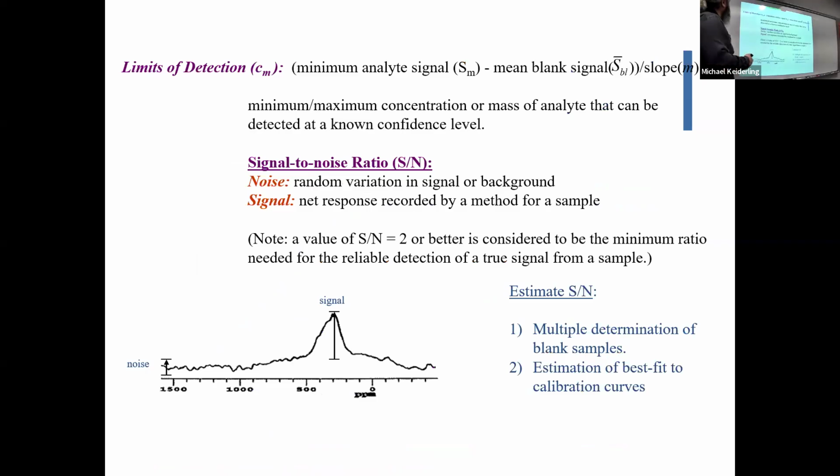So your limit of detection, this is sort of the minimum or maximum concentration or mass of analyte that can be detected at a known confidence level. If you're looking at the background, the signal to noise ratio is a way to talk about how much signal you need to actually see it over the noise.